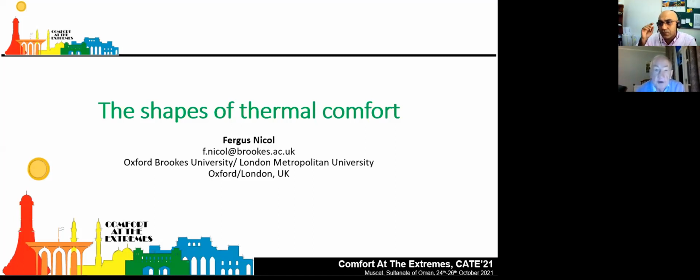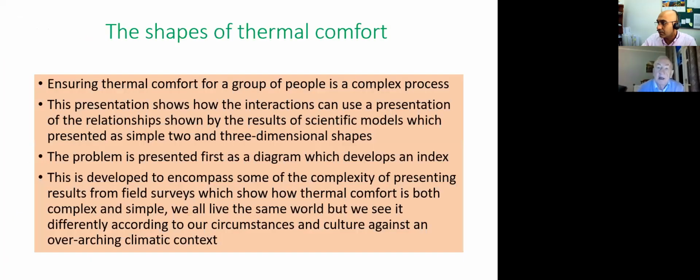The idea of looking at the shape in thermal comfort may seem a rather strange idea in itself, because we don't think of comfort as having a shape. Nevertheless, it's always been a way in which people try to represent what is actually a very complex issue.